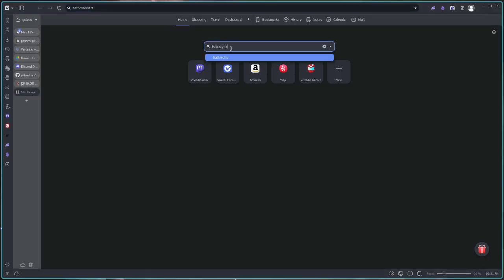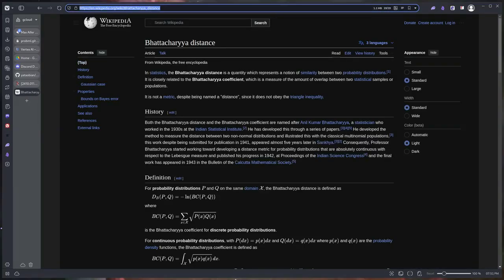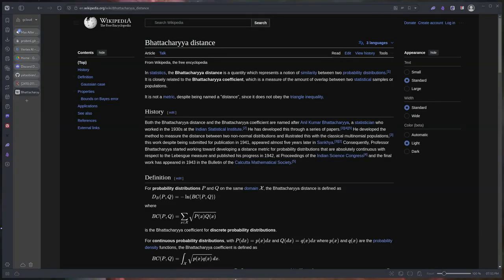It's like the negative log of the sum of the geometric means of the probabilities, like the square root of p times q. Yes, exactly. And you know why this works and is better? Because probability is always geometric, right?